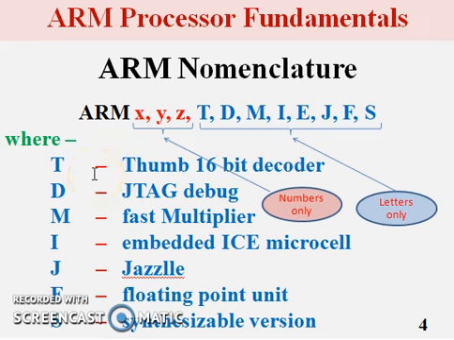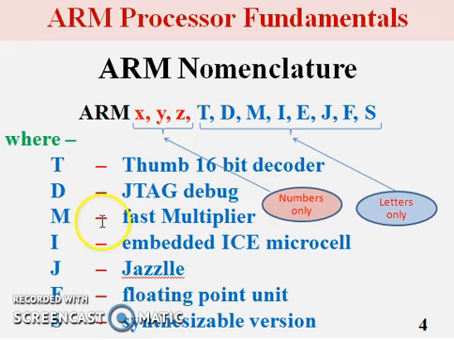So what is the meaning of T? T indicates the Thumb 16-bit decoder. So if the nomenclature of the ARM processor contains the letter T, it means it supports the Thumb instruction set. D is for debug, so it has a JTAG debug facility.